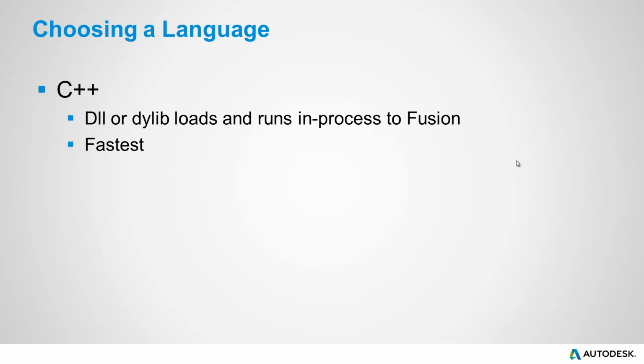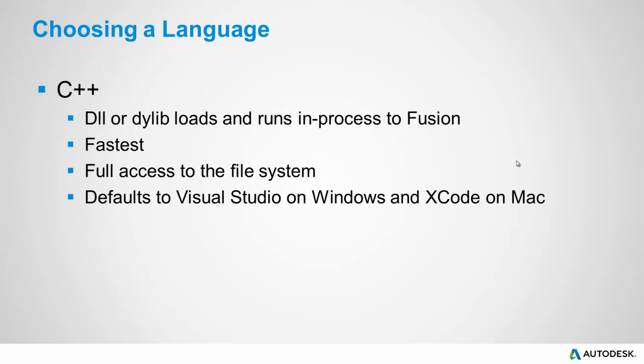And built into C++, you have full access to the file system. When you create a new script or add-in, we create a Visual Studio project and an Xcode project. And then when you edit the script or add-in, it will open up Visual Studio on Windows and Xcode on Mac.